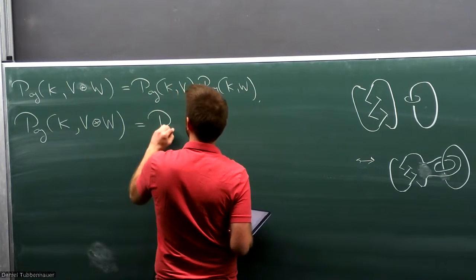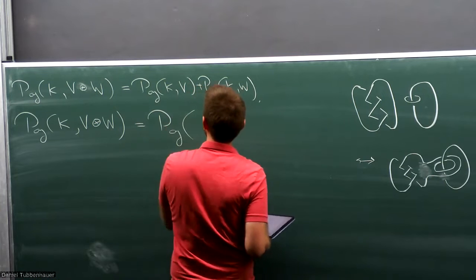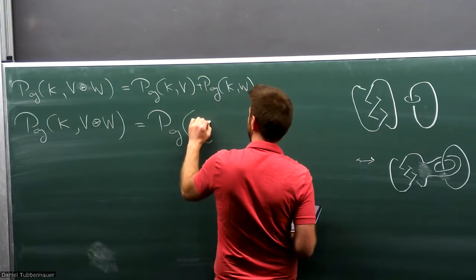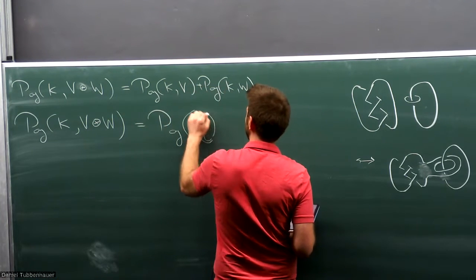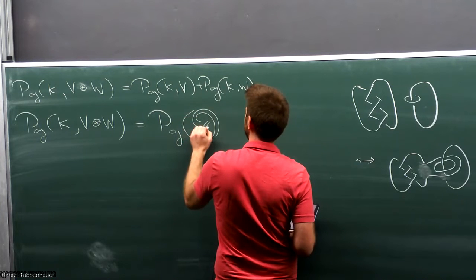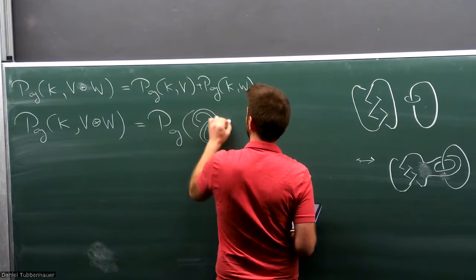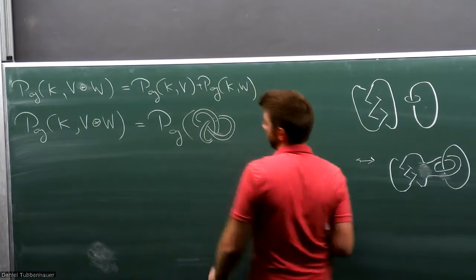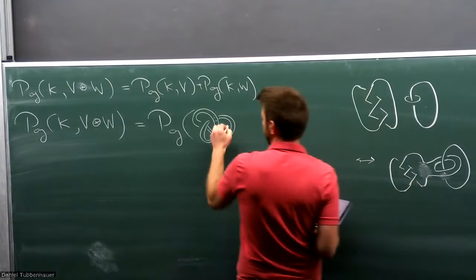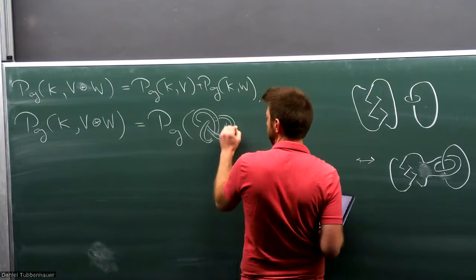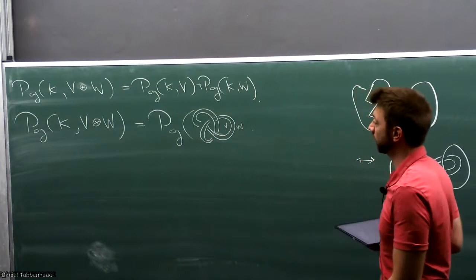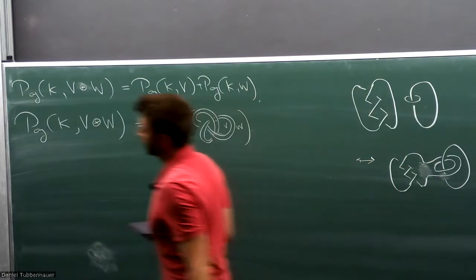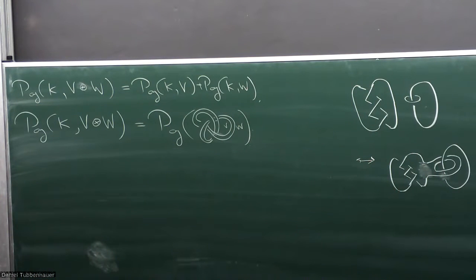So let me try to draw a picture. I've drawn now parallel copies of my knot, and one of the copies should carry the representation V, the other one will carry the representation W. And let me correct a small lie that I told you at the beginning.